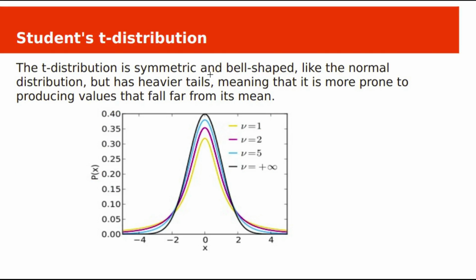T-distribution is symmetric and bell-shaped like the normal distribution but has heavier tails than the normal distribution. See here, this black curve is the standard normal distribution. All other remaining curves are t-distribution curves with different degrees of freedom. We have seen this kind of distributions while we were discussing sampling distribution.